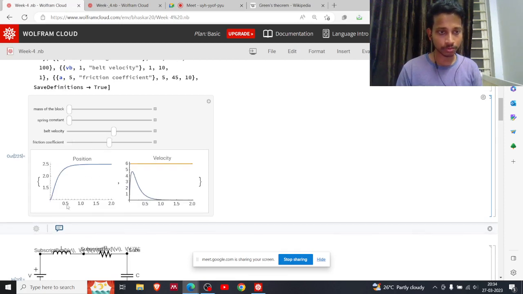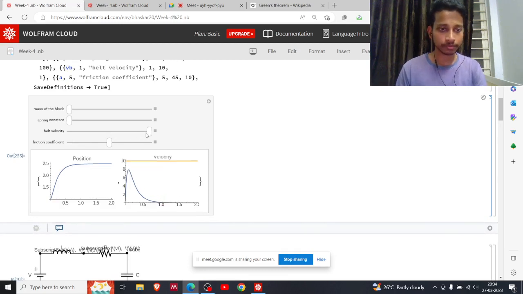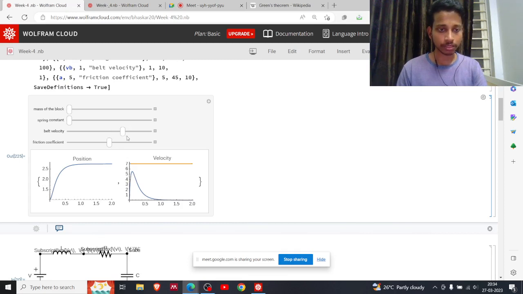So as you can see, with the increase in the friction coefficient, and with change in the belt velocity, you can see the velocity peak is changing. So now it is around 4, and here you can see that this is going to 5.5.